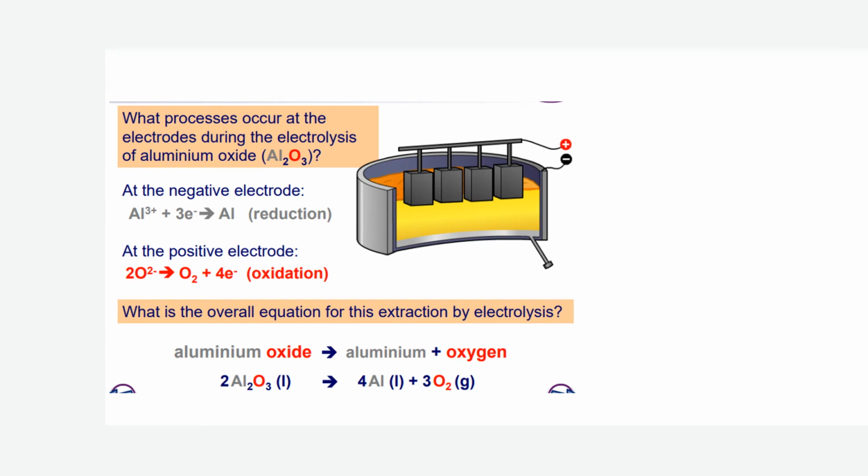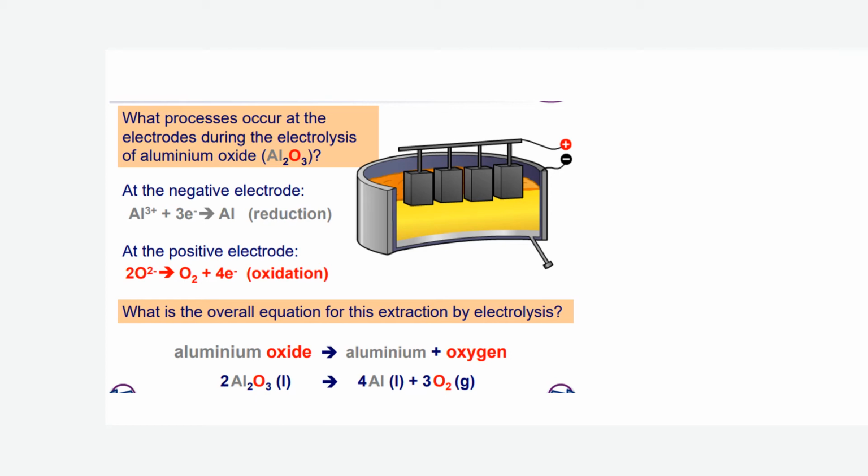What processes occur at the electrodes during the electrolysis of aluminium oxide, or Al2O3? At the negative electrode, or cathode, Al3+ plus 3 electrons to Al, that is reduction.